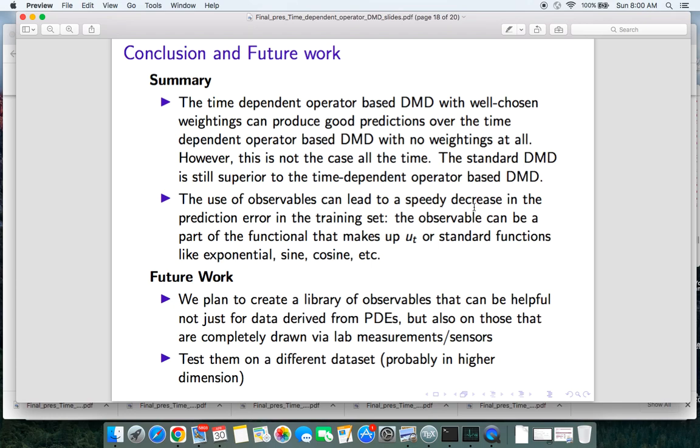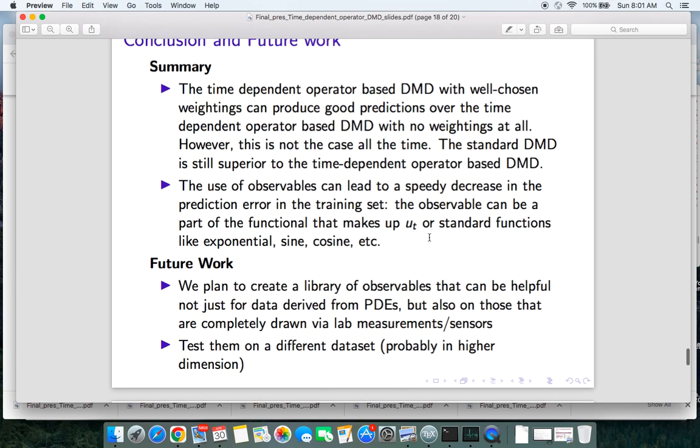In future, we plan to create a library of observables that can be helpful not just for data derived from PDEs, but also on those that are completely drawn via lab measurements or sensors, which are not actually physics informed.